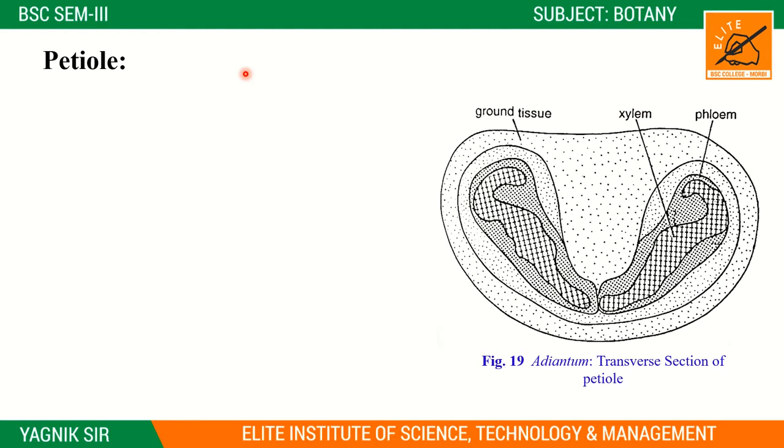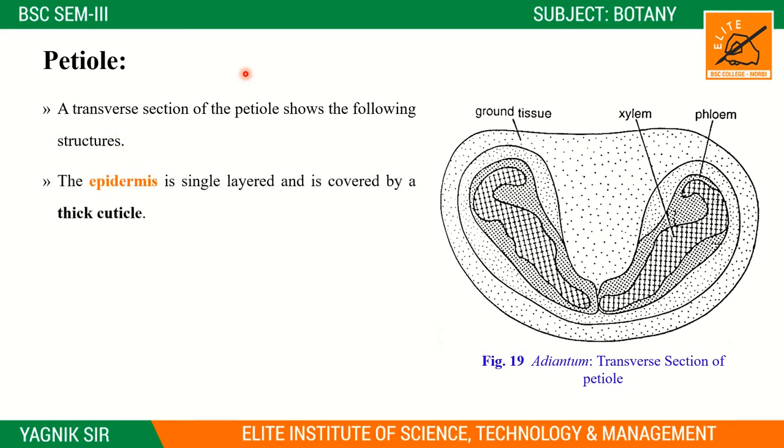Next is the petiole. So this is an image of the transverse section of the petiole, right. The transverse section of the petiole follows this structure. Actually, the outer layer is similar, right. The epidermis is present, a single layer covered by the cuticle.